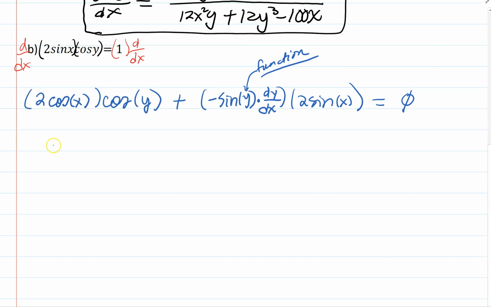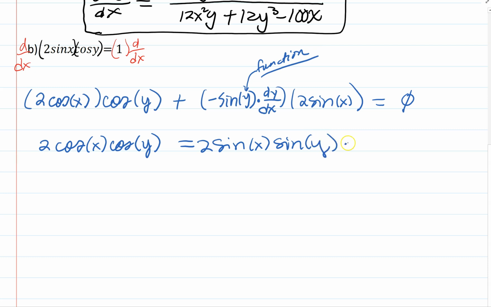So 2 cosine of x times cosine of y is equal to, negative on the left, I add it to the right, so that would be 2 sine of x sine of y multiplied by dy dx. Notice how I reorganize my factors there, because that's multiplication.